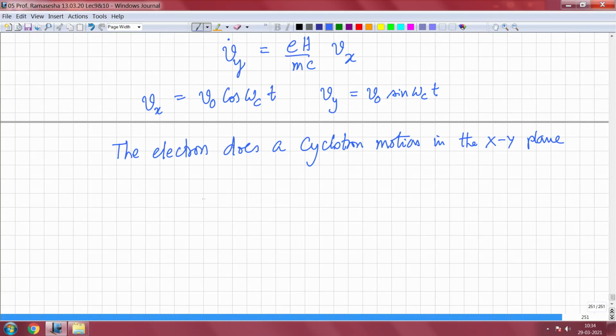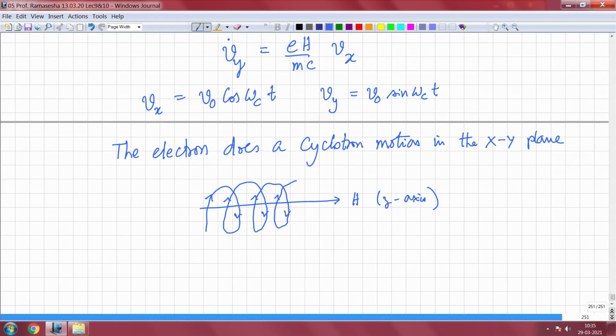We can show this in the following way. This is the H or the z axis, and this is the spiral that we are going to have.